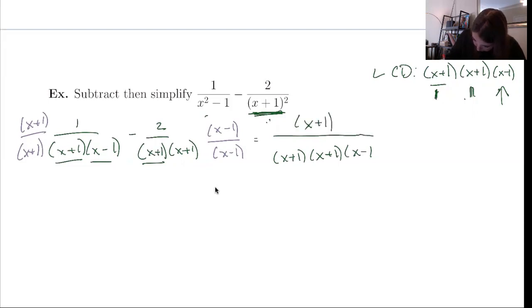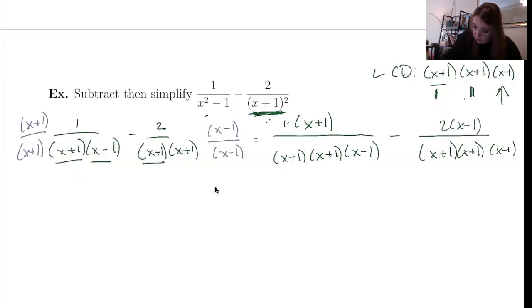There we go. And then if you want to write 1 times, that's also fine. Minus, and then x plus 1, x plus 1, x minus 1, to x minus 1. Great. And we can see that both of these match, so double checking that our least common denominator was the actual truth.